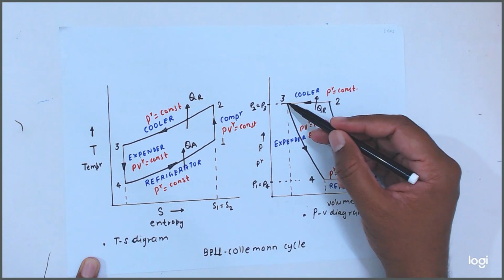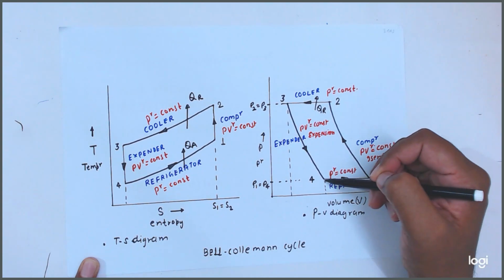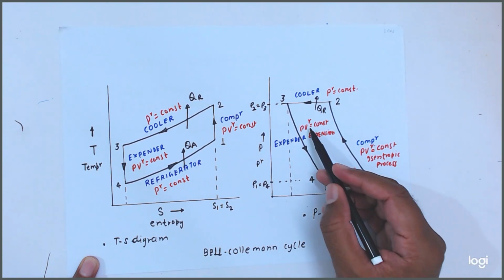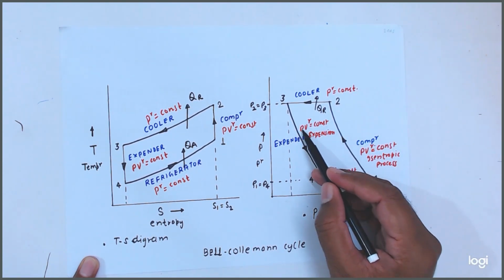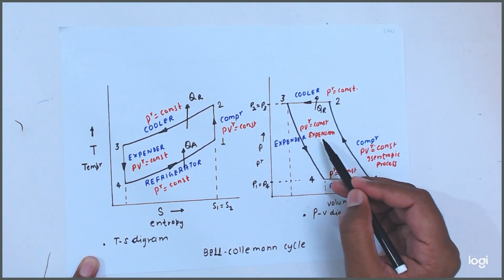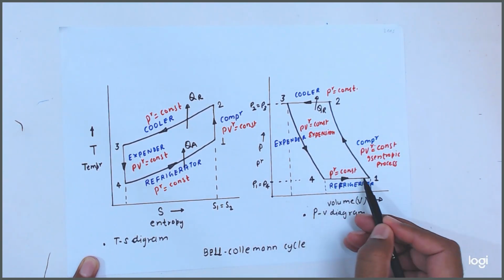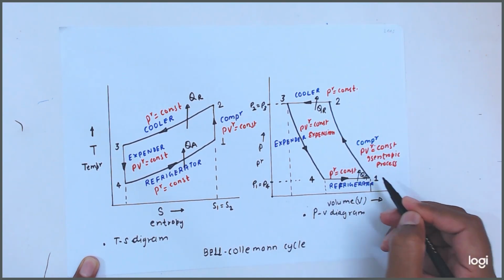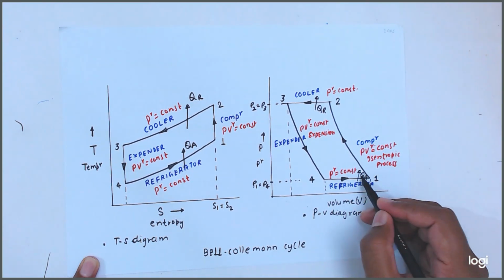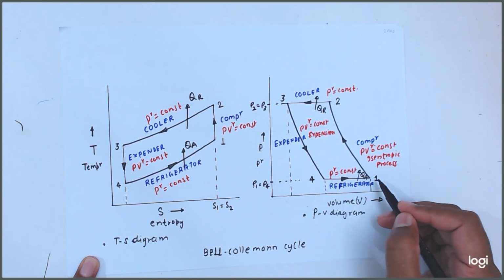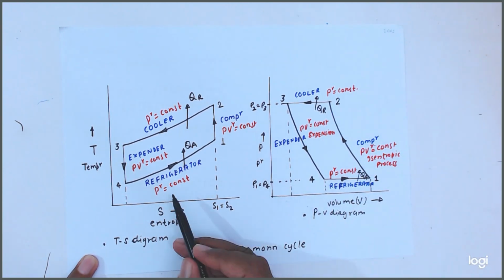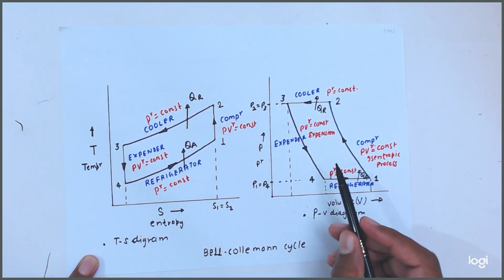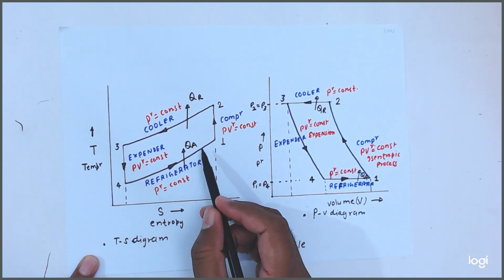Then in the expander, process 3 to 4, the pressure and temperature will reduce, following the isentropic process, PV to the power gamma equal to constant. Then at lower pressure it passes to the refrigerator, where it will absorb heat. So here heat addition is there, then again it passes through the compressor. So this is the TS diagram and this is the PV diagram. Just learn how to draw this.